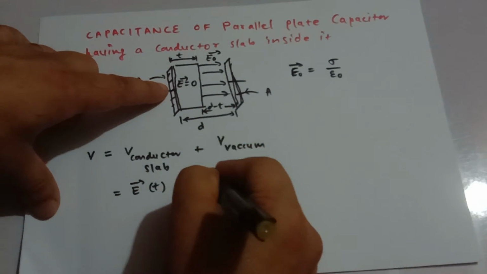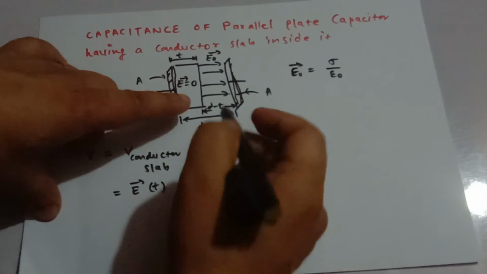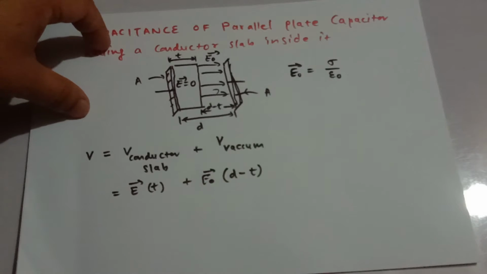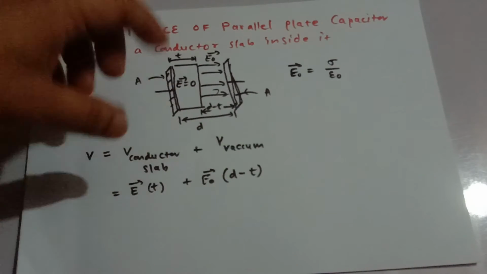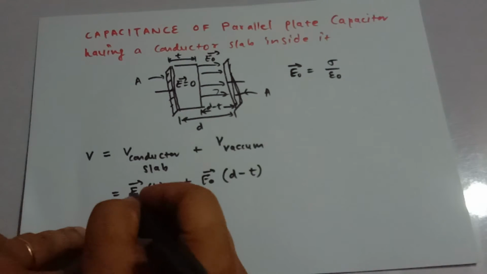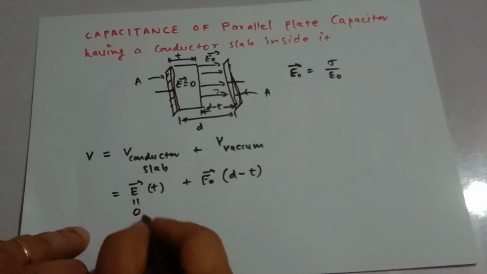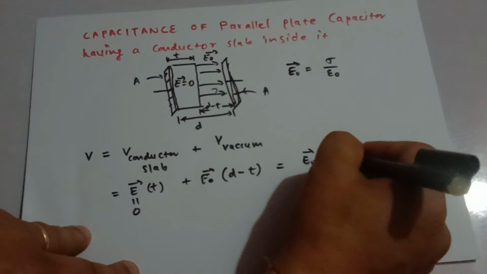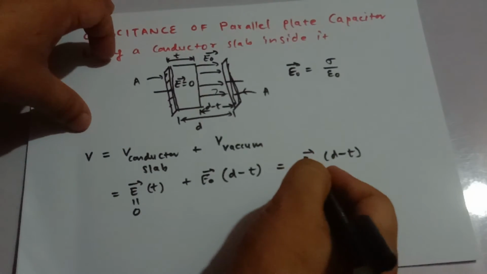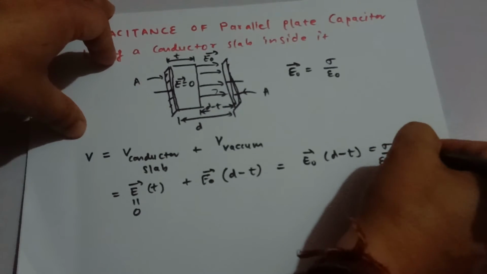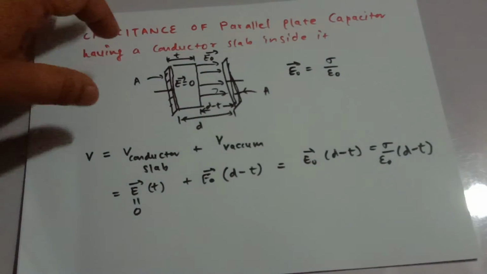Similarly for vacuum, the electric field is E naught, and the distance of this vacuum has now become d minus t, because out of this d, small t is used by the conductor slab. In this case the electric field due to the conductor is 0, so that just goes, and only E naught into d minus t would remain, which is nothing but sigma upon epsilon naught into d minus t.